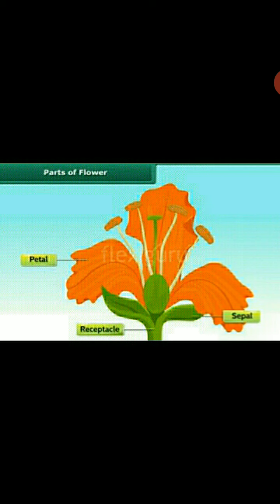Next are the sepals, the green leaf-like parts in the outermost circle of the flower. The function of sepals is to protect the flower in the form of a bud. Next one is petals, the colorful part of the flower. The function of petals is to attract insects and protect the reproductive organs which are at the center of the flower.